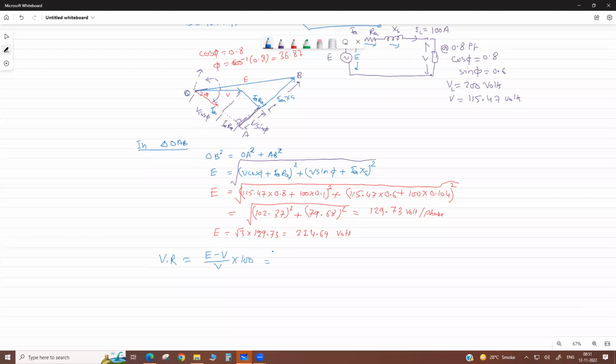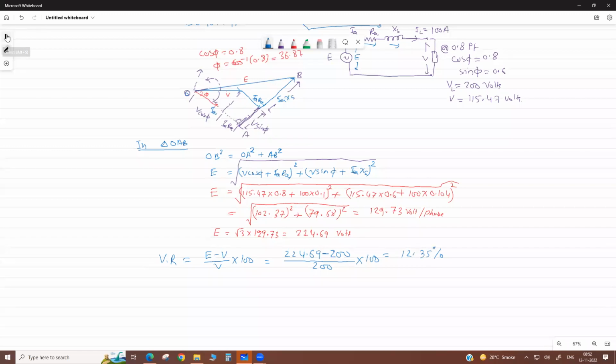Either you put line values or phase values, but both should be either line values or phase values, divided with respect to rated voltage. So this is your voltage regulation, it comes 12.35%. But here it is not asked, they can ask.